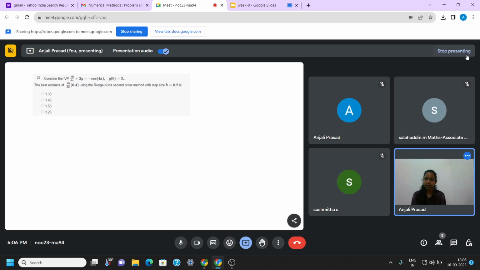Use the Runge-Kutta second order method formula and estimate the value of dy by dx at 0.4.